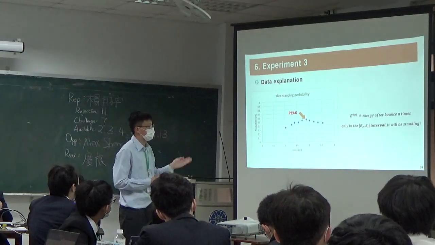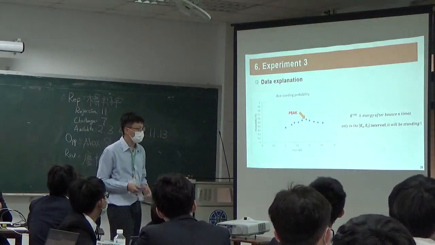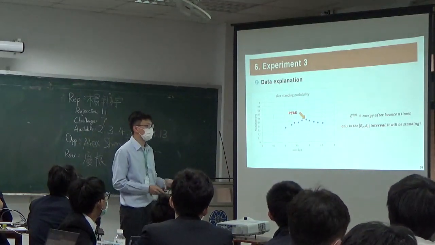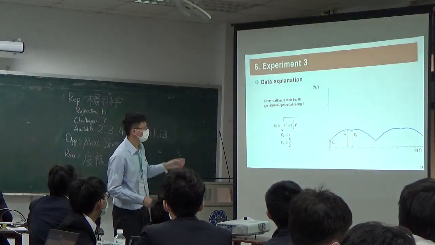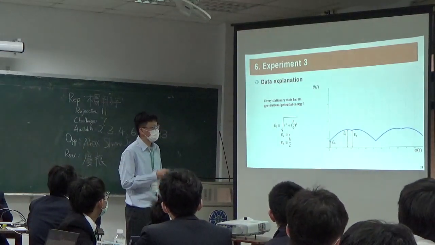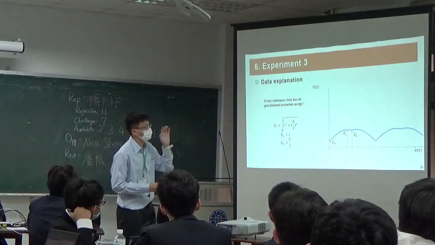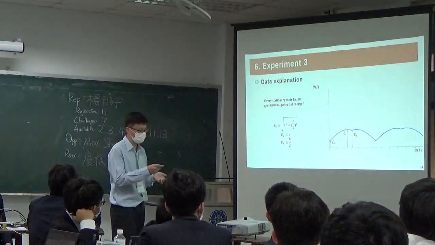Why will it have this change? En is the energy after it has bounced n times. We know that only in the EE to EL interval will it be standing. That is, the energy of the cylinder should be bigger than EE, so that it has enough potential energy to stand.